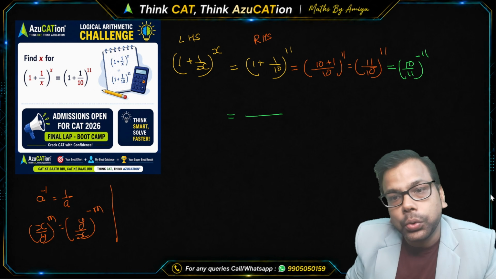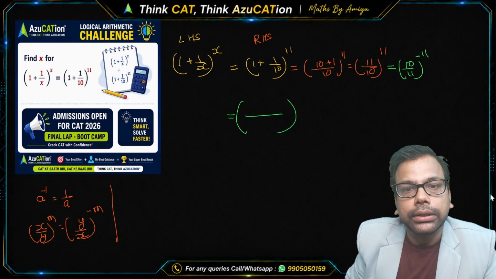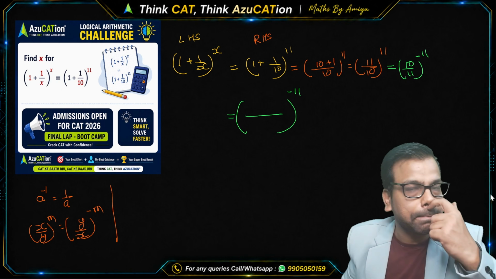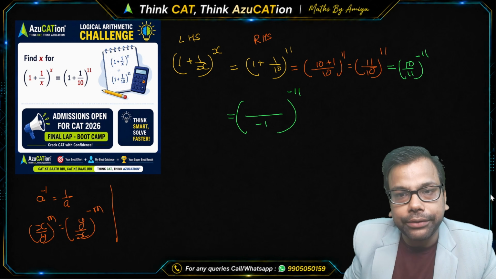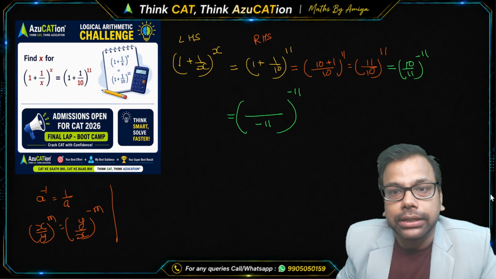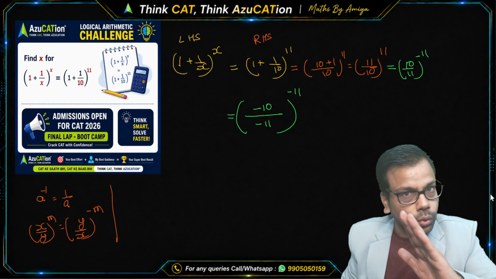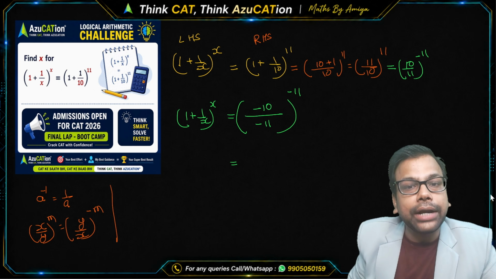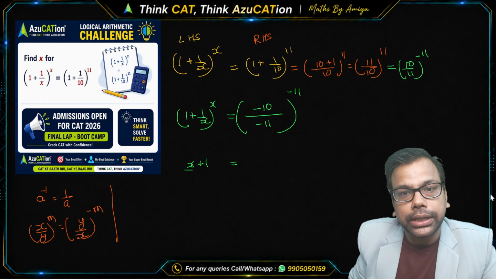So let's do something. We want the base common. We have minus 11 power and the base should be minus 11. But you will say it is 11. So let's go with minus 10. No issues with this. Or we want 1 upon x like this. Can we write this as nothing but x plus 1 divided by x raised to power 1?